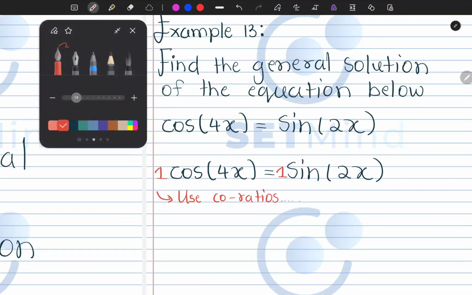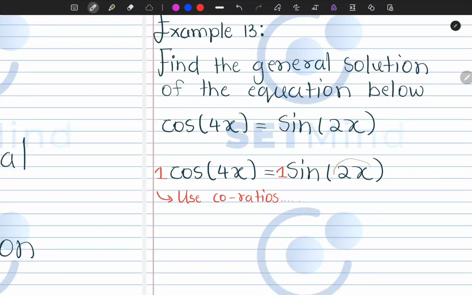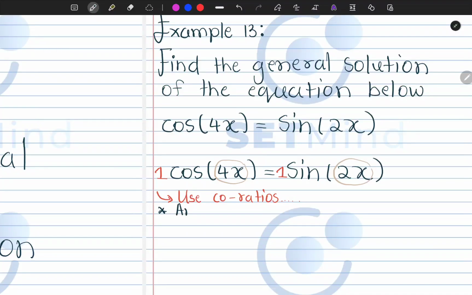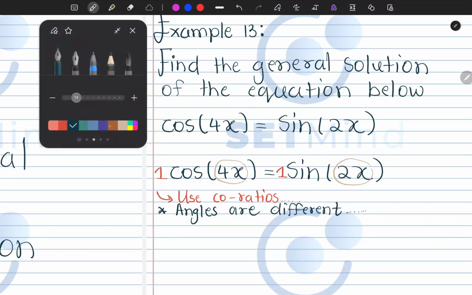We can't divide them to get tan for simple reasons. The angles are different. That is very important for you to make sure that you note, which is that the angles are different. So we can't go and just divide and say this is going to amount to tan.